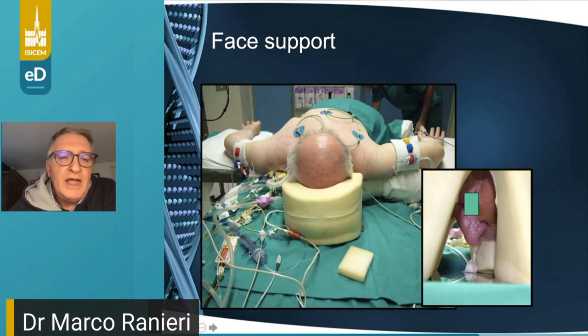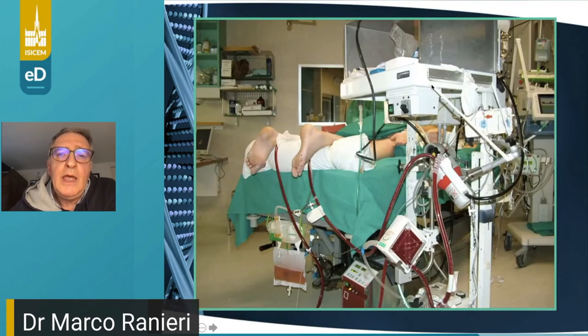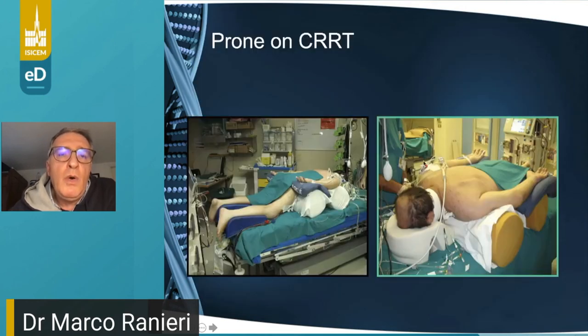It looks like a sailing boat where you have to see the ropes that allow you to control the boat. Here, note the upper and lower limbs positioning, and note that prone positioning can be implemented in patients with extracorporeal support. This is a patient on VV ECMO, or in patients with renal replacement therapy.